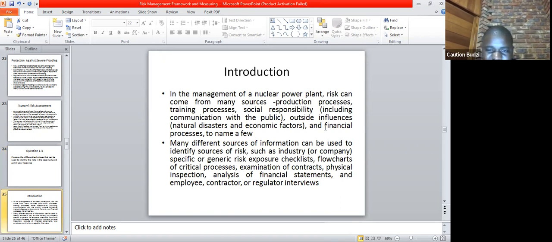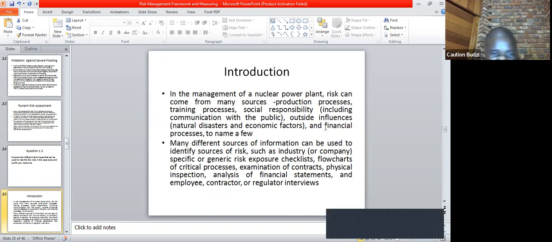In the management of a nuclear power plant, risk can come from many sources, which can be production processes, training processes, social responsibility, including communication with the public, outside influences, for example, natural disasters, and also economic factors. We can have these risks coming from the financial processes, just to name a few.